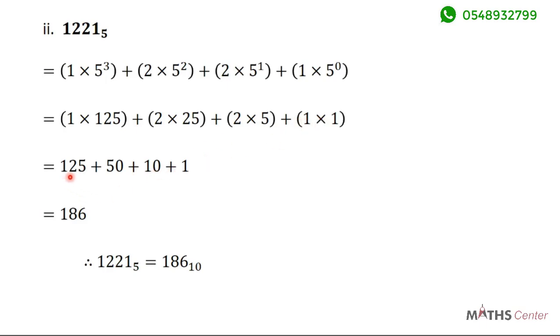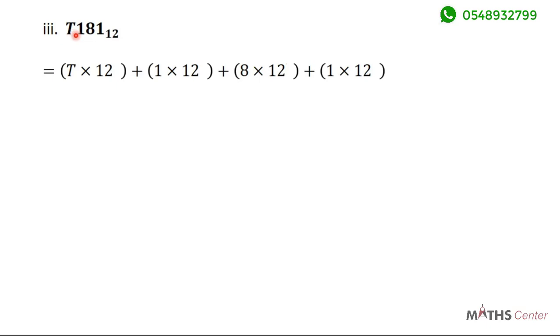So we add 125 to 50 to 10 to 1, and we are getting 186. So we can say that therefore 1221 base 5 will give us 186 base 10. So if you convert 1221 base 5 from base 5 to base 10, you are going to get 186. So you see from here that it follows the same principles as we did in the first one.